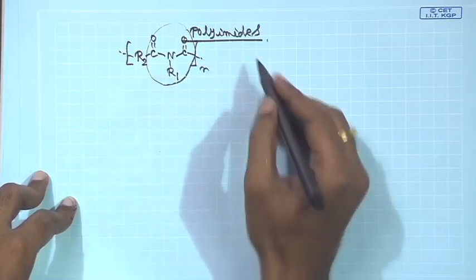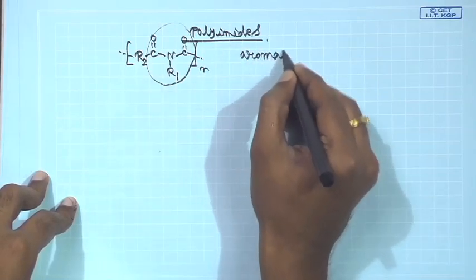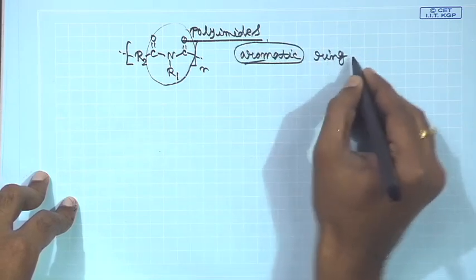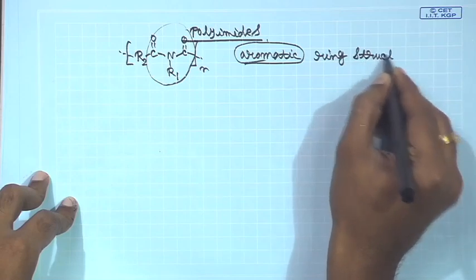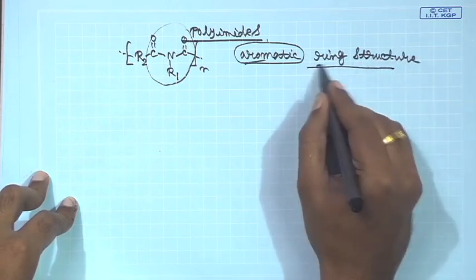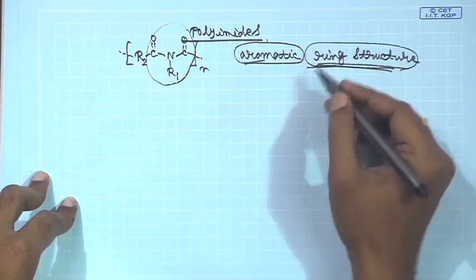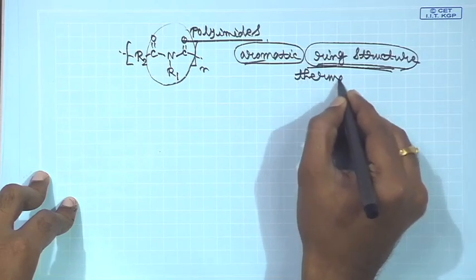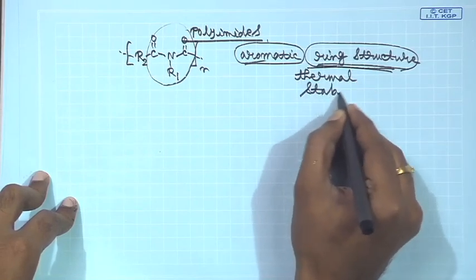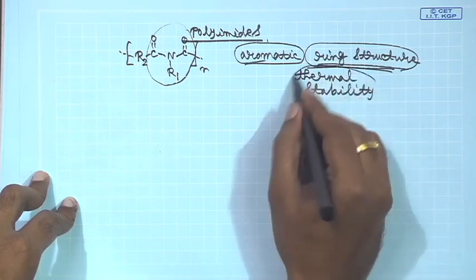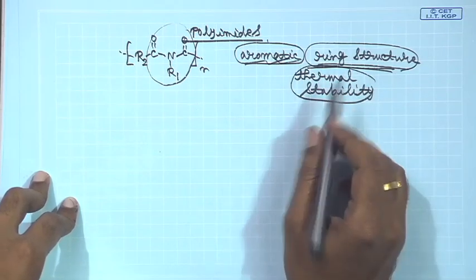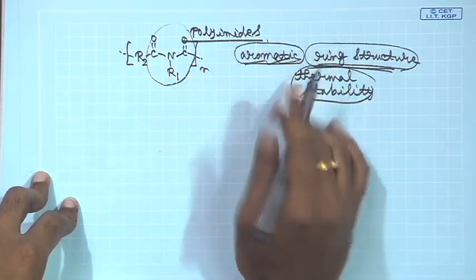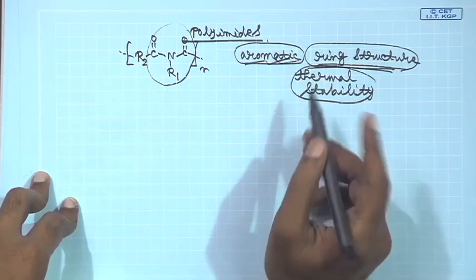The most important polyimides are aromatic polyimides, because they have predominantly ring structure in the backbone, and they exhibit exceptional thermal stability. If you have all these aromatic units in the system, that is why they are used for special applications. Even though the preparation cost is high, they are used for demanding applications.